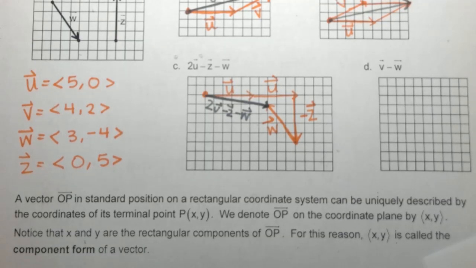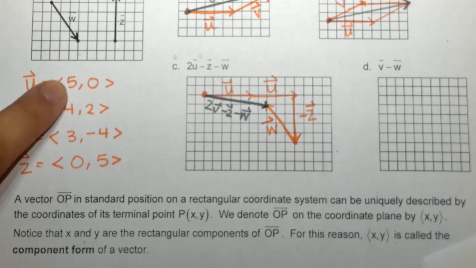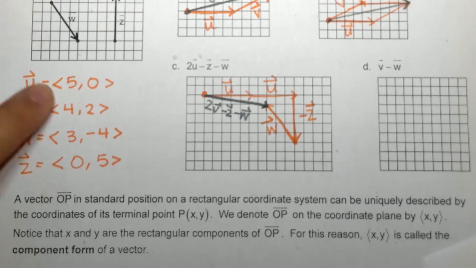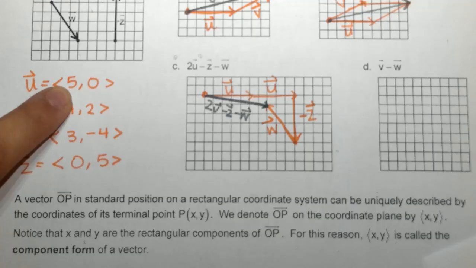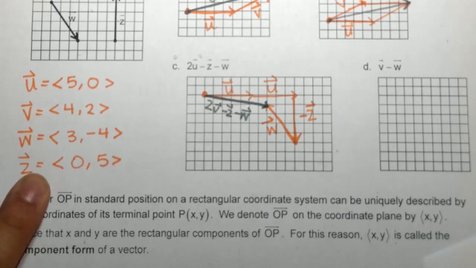And if you want, you can do the math to check it. What's 2 times vector u? 2 times 5, 0. 10, 0. Minus z? 10, negative 5.